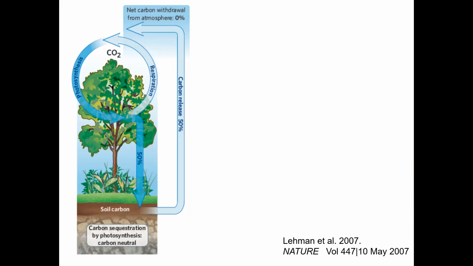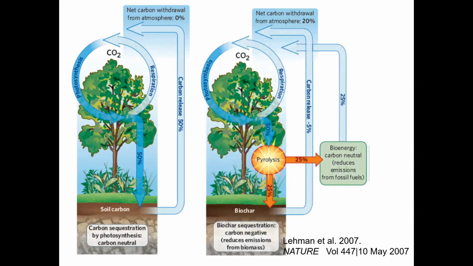lots of carbon. But what Johannes Lehmann, professor at Cornell, proposed is that if you intercept the detritus inputs that normally would come into the soil, if you intercept them and convert them into biochar, that should fundamentally alter their residence time in the ecosystem.